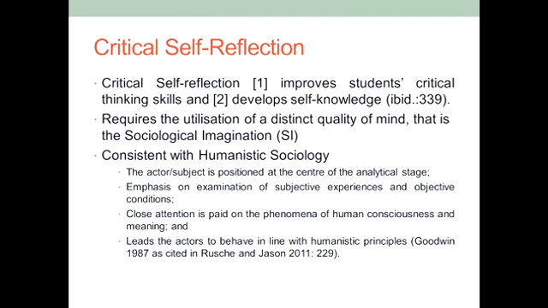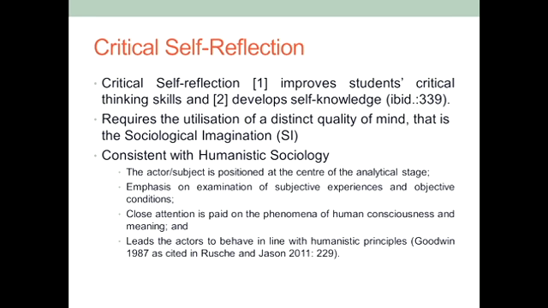Let's briefly talk about critical self-reflection. Critical self-reflection improves students' critical thinking skills as well as develops self-knowledge. What it requires is the utilization of a distinct quality of mind, which for sociology is the sociological imagination.